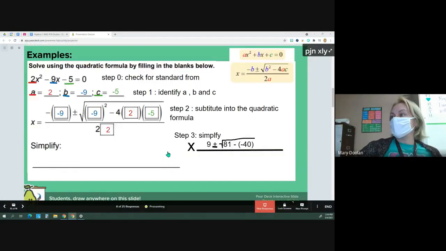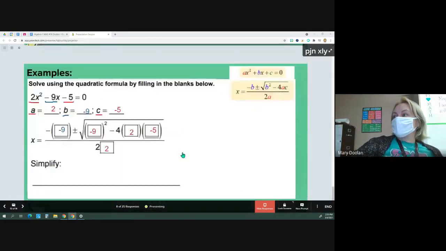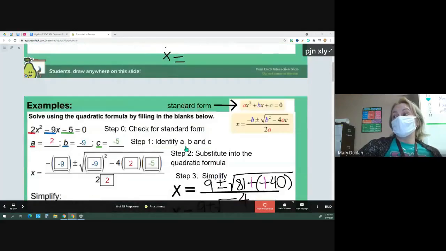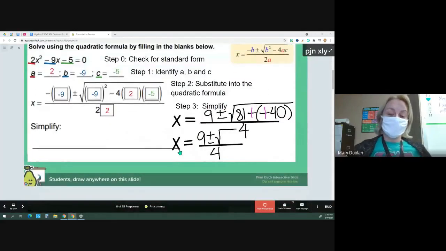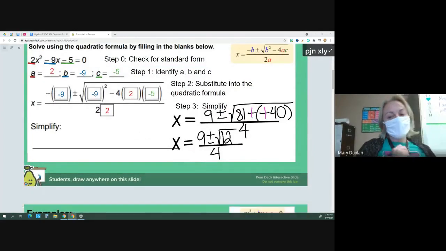If anyone has it. 121, yeah, it is. Good, 121. And that's a great number to take the square root of because 121 is a perfect square. You know what integer you square to get 121?